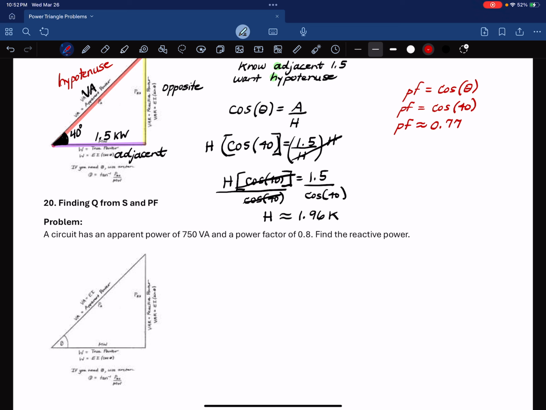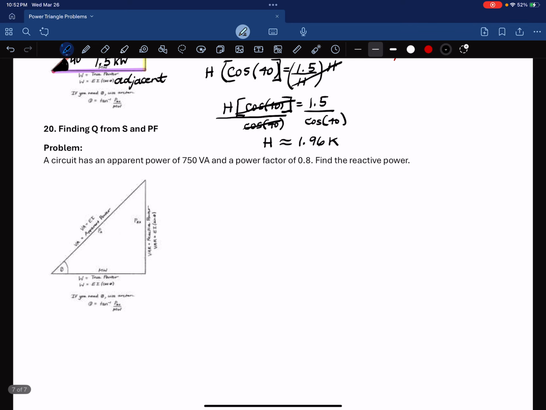All right, number 20. A circuit has an apparent power of 750 and a power factor of 0.8. Find the reactive power.